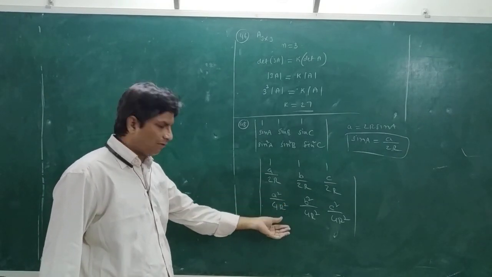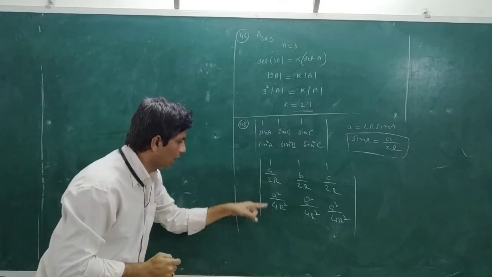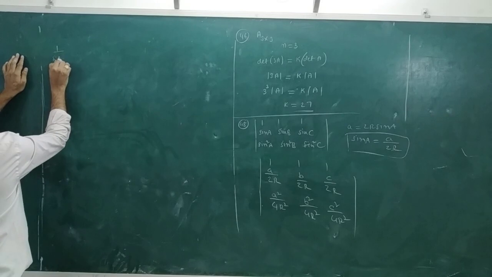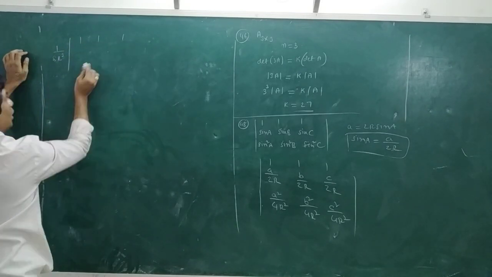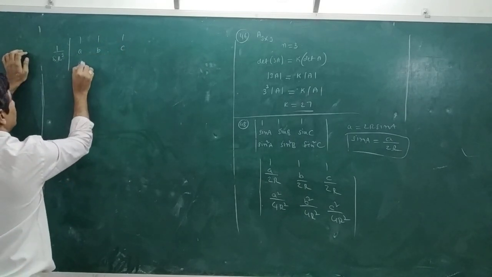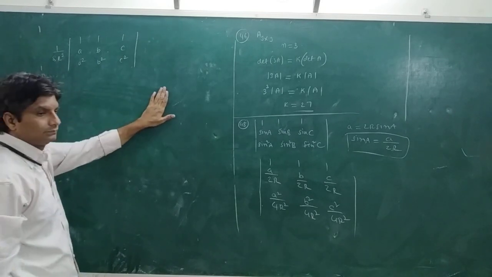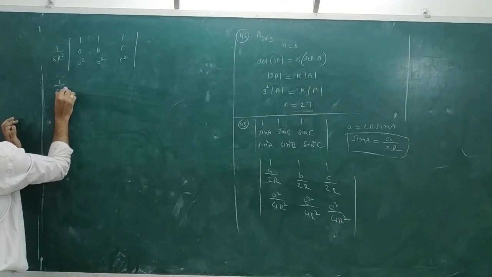From the third row, 1 by 4r square gets common. How much will you get here? 1 by 2r into 1 by 4r square, 1 by 8r cube. Determinant of 1, 1, 1 with 1 by 2r common, a, b, c, with 1 by 4r square common, a square, b square, c square. So this is the value. Keep 1 by 8r cube aside.